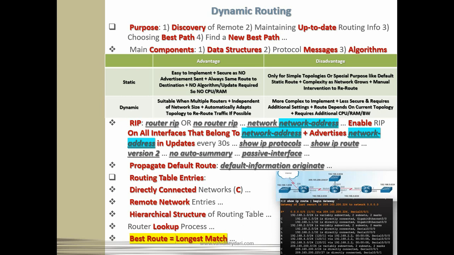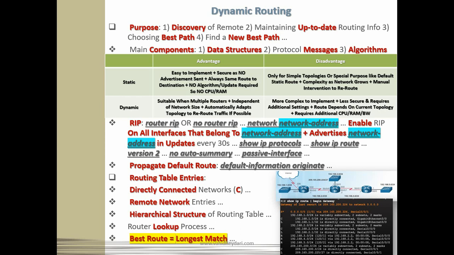However, if you use the version 2 command, that is a router configuration mode command, then you enable RIP version 2 instead of RIP version 1. RIP version 2 automatically summarizes networks at major network boundaries, however. So you need an additional configuration here.